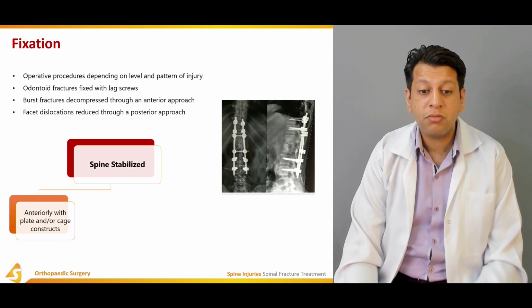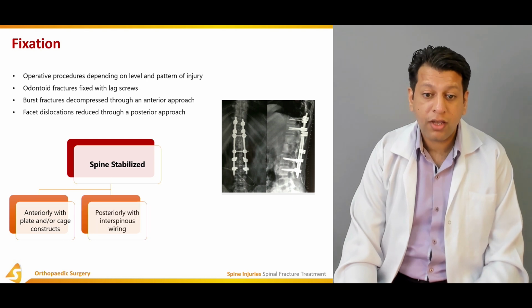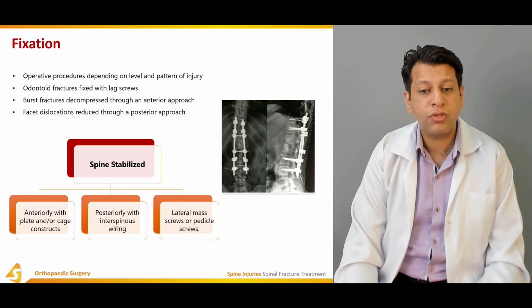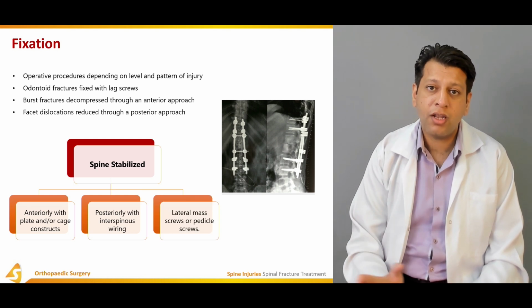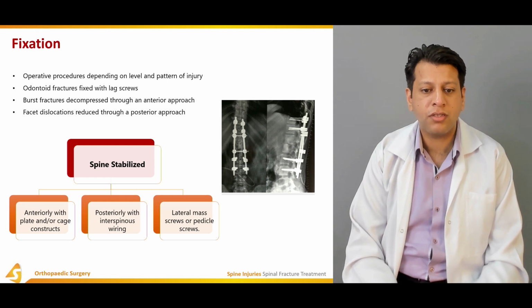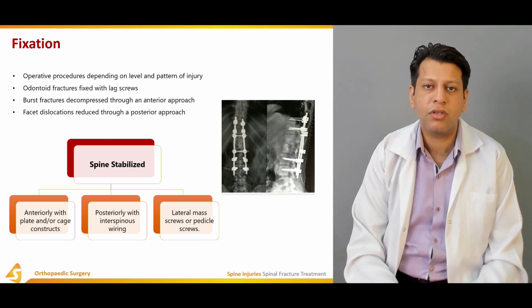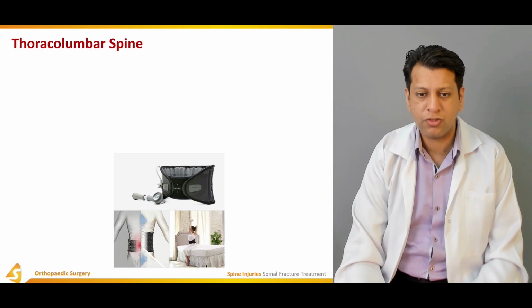So the spine can be stabilized either anteriorly with a plate or a cage, or posteriorly with interspinous wiring or pedicle screws and lateral mass screws, because the lateral masses and pedicles are present in the posterior column. So the basic method is, when we are dealing with the anterior column, we go anteriorly, and when we are dealing with the posterior column, we can go with the posterior approaches.